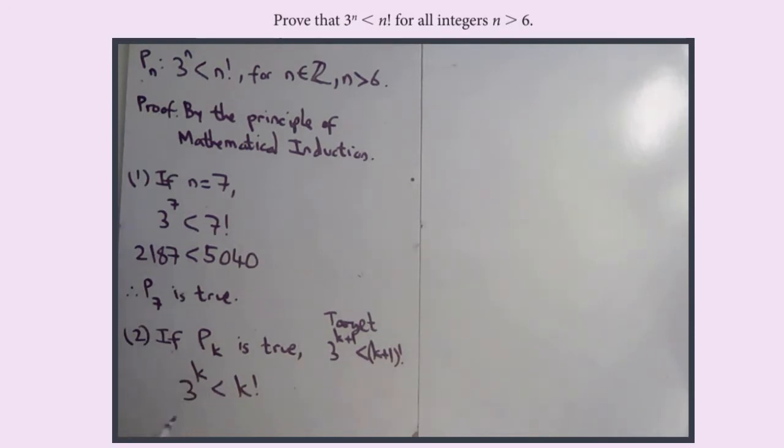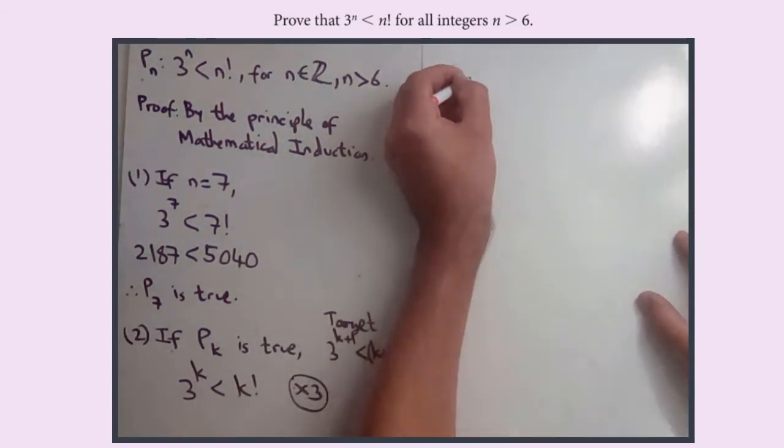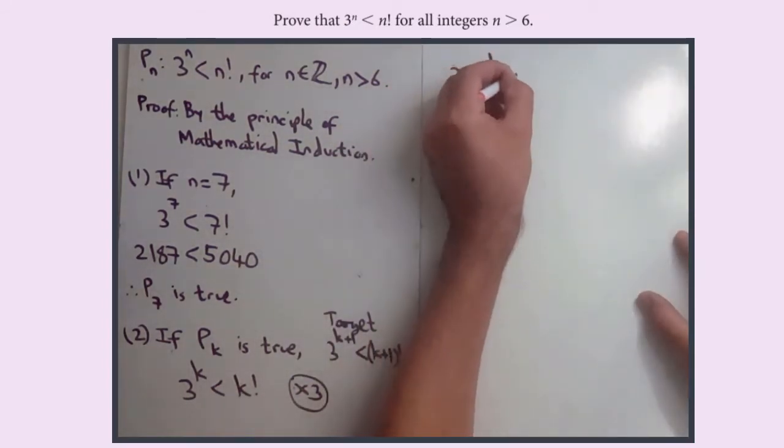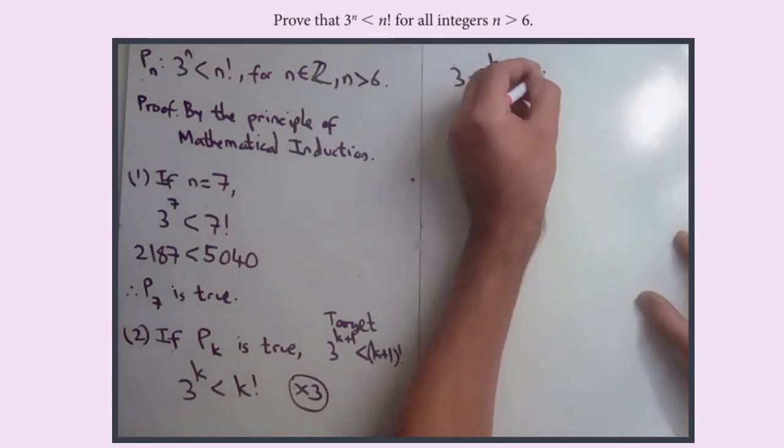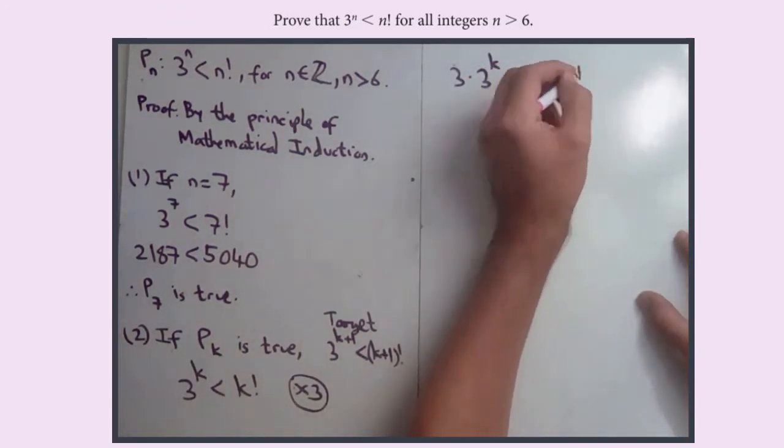So I can make this 3 to the k plus 1 if I multiply it by 3. If I'm going to do that and keep the same inequality, I need to multiply both sides by 3. Obviously 3 is a positive number, so I don't need to flip the inequality. So that would be 3 times 3 to the k is less than 3 times k factorial.